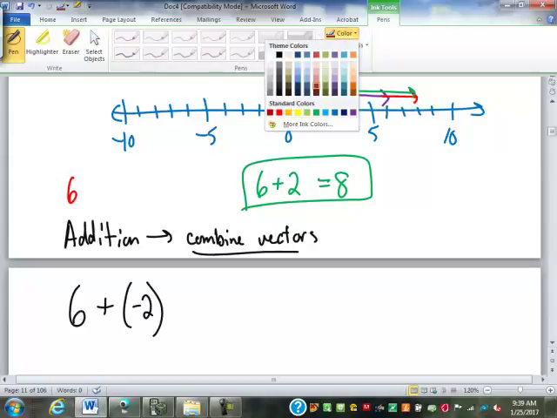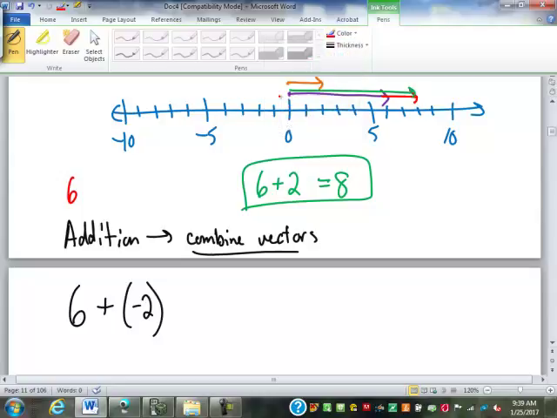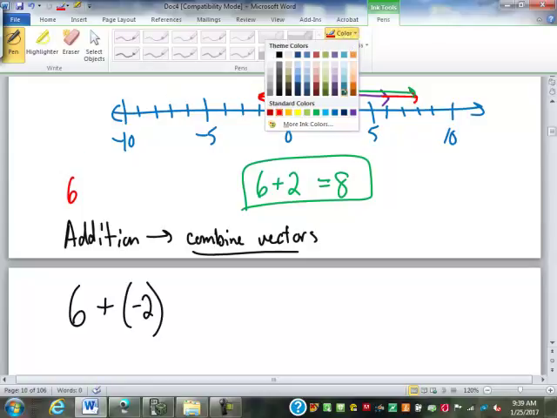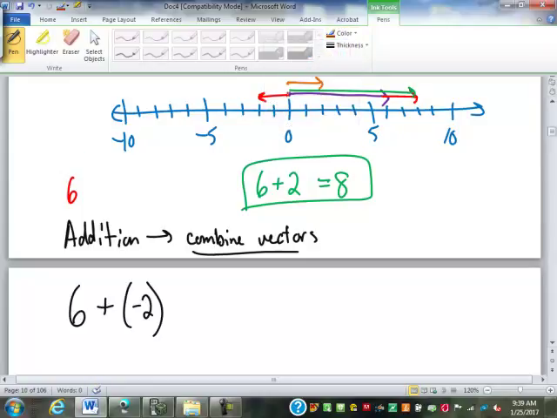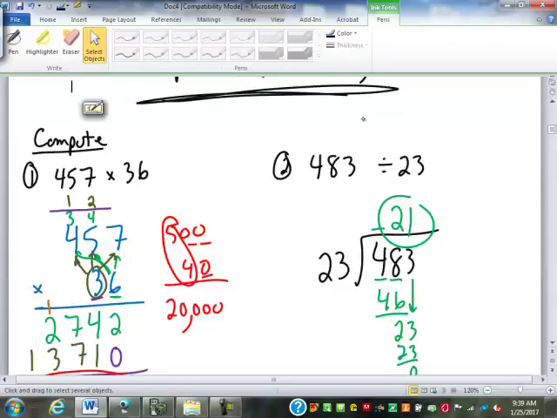So a negative 2 would be represented up here like that, going from 0 to negative 2. And if I move that vector to combine it with my 6, oops, that's not what I wanted. Get back here.